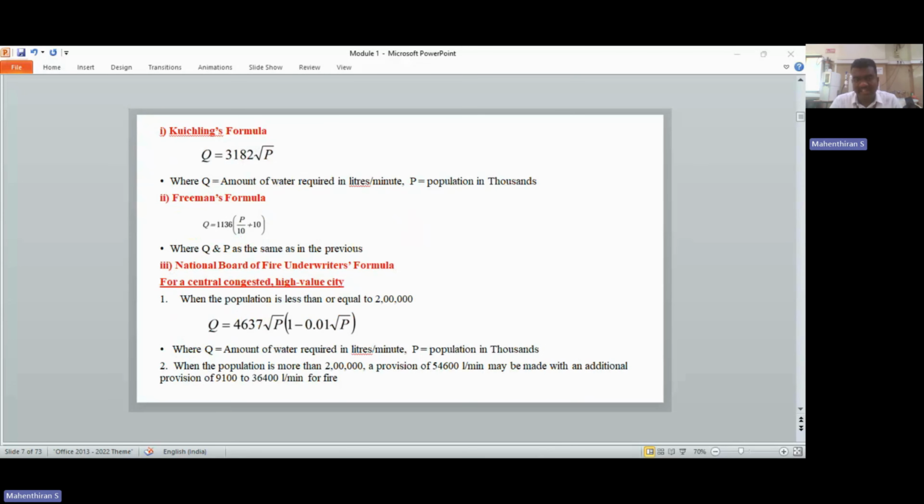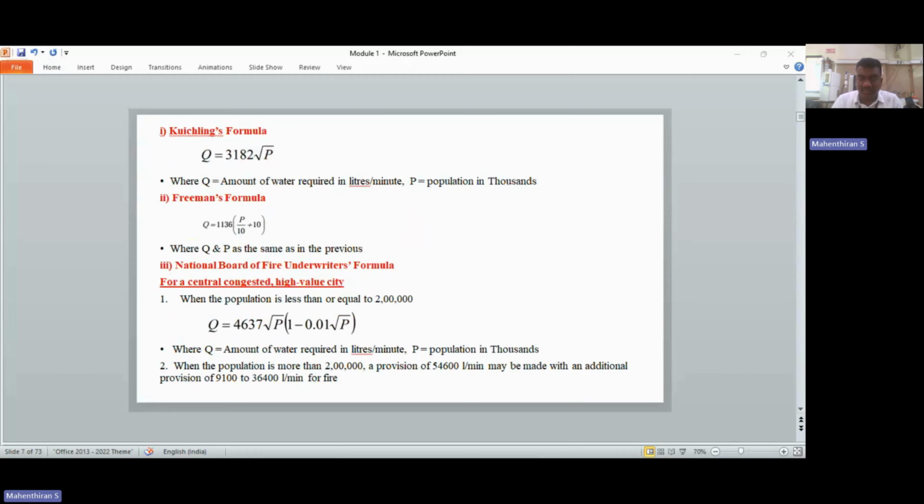It includes a square root term, which is similar to the Quichling formula. We also have a correction factor, that is 1 minus 0.01 square root of P. This correction factor reduces the rate of increase as population grows, making the estimate more realistic.